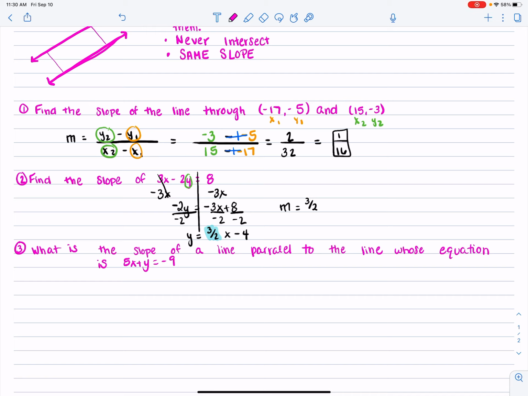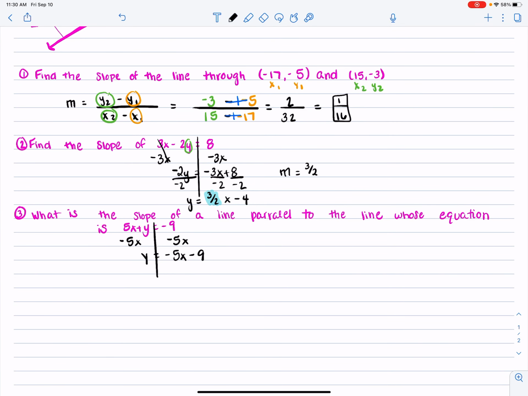Okay, so I want the slope of the line that's parallel to it. Well, I know that parallel lines have the same slope. So if I can find the slope of this line, then I will know what I'm looking at. So to get y by itself, I'm going to minus 5x from both sides. So I have y equals negative 5x and a negative 9. Okay, but I just want to know the slope of the parallel line. So the slope of this line is negative 5, and the slope of a parallel line will be the same. So my answer is negative 5.